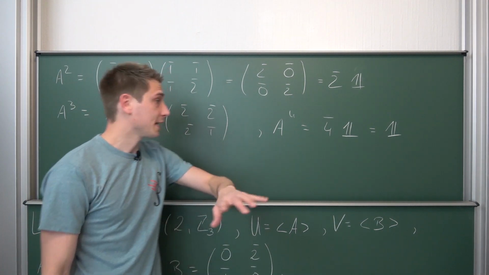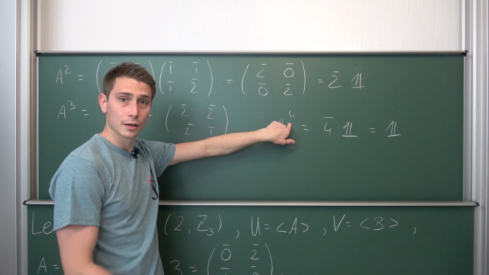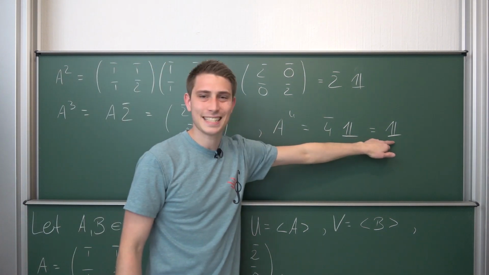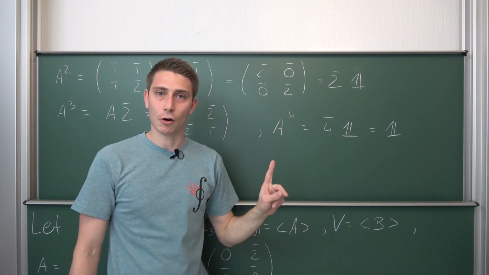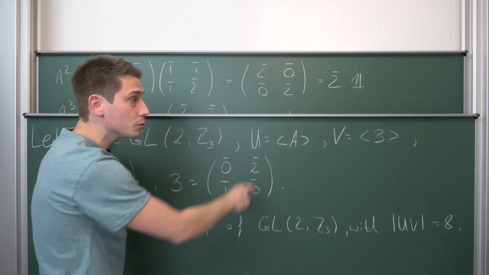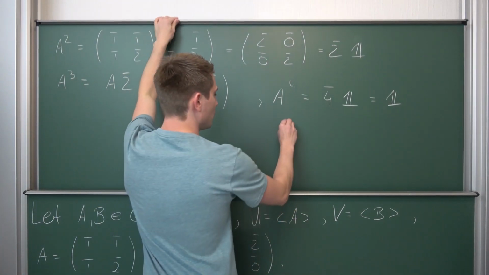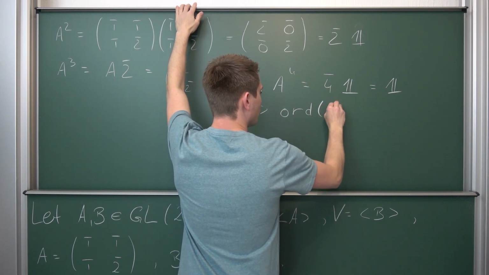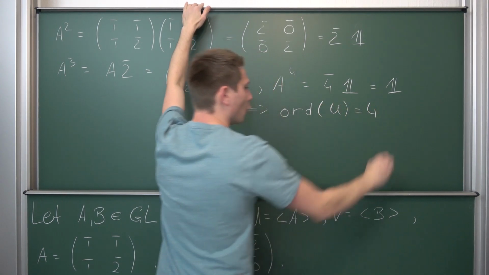Great stuff. Meaning, after 4 powers, a to the 4th power, we're going to land at the identity matrix. Meaning overall, the order of this group U is nothing but 4. So the order of U in this case is 4.